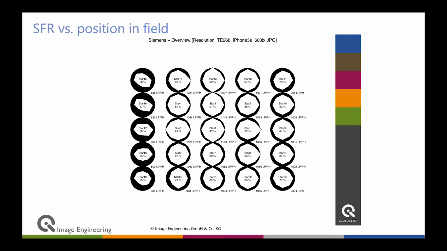So the black circle represents the theoretical maximum of the device, depending on the pixel count of the sensor. And the white polygon on it represents the measured limiting resolution per segment. So the more the white covers the black, the better. And we see on the left side that there is an issue. But we can also see from the orientation that there are differences in sagittal and tangential orientation. So you can learn a lot just from a single image analyzed with the IQ Analyzer here.